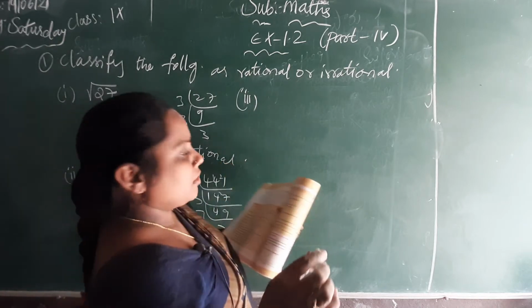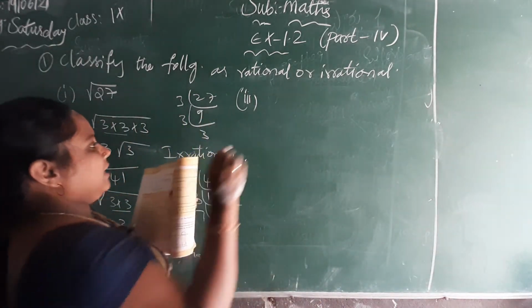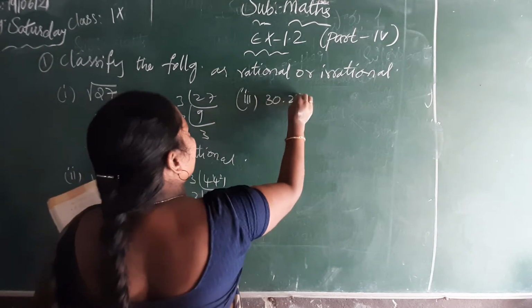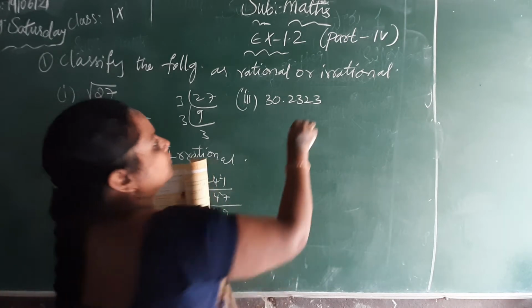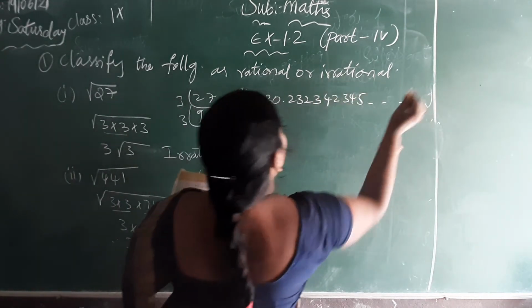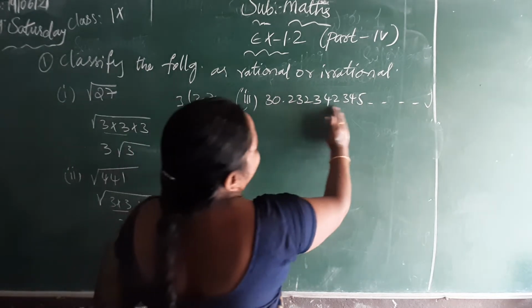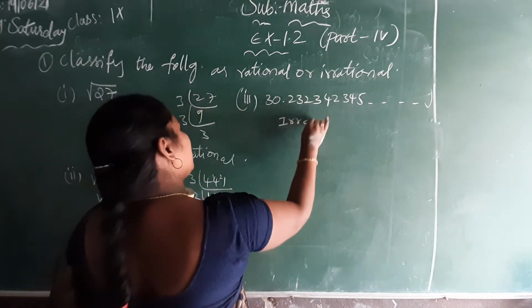In the same way, check the third one. The third one is 30.23 42 3 4 5 and so on. It goes on without any repeating order, so it is irrational.